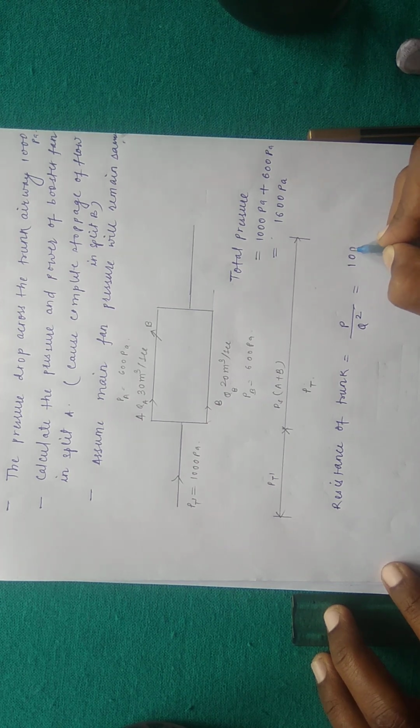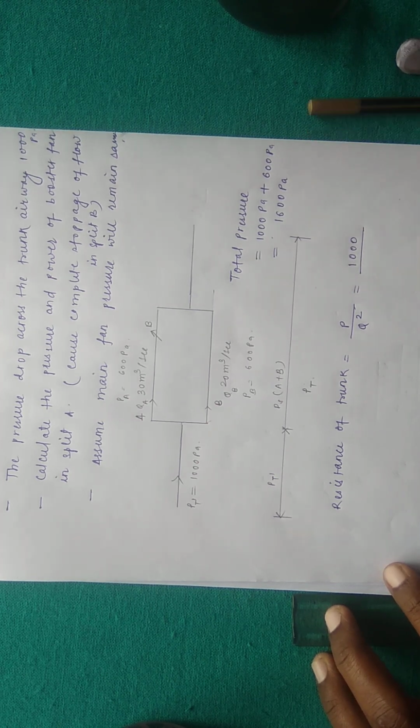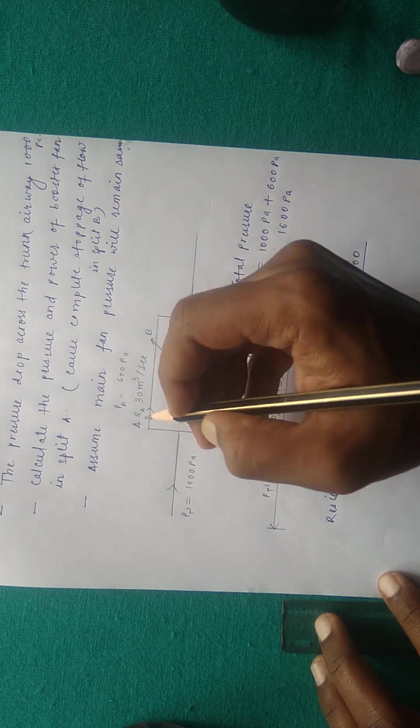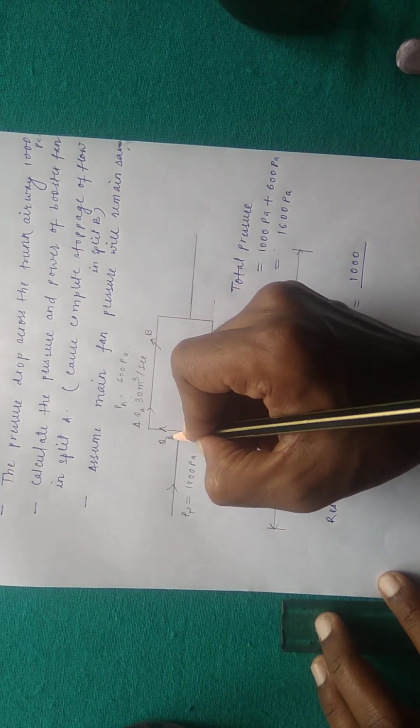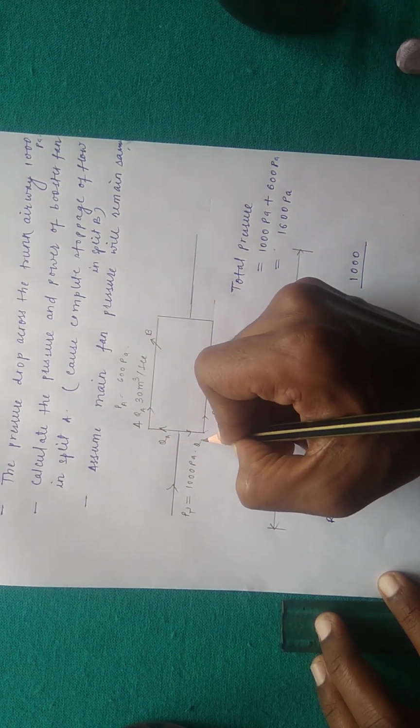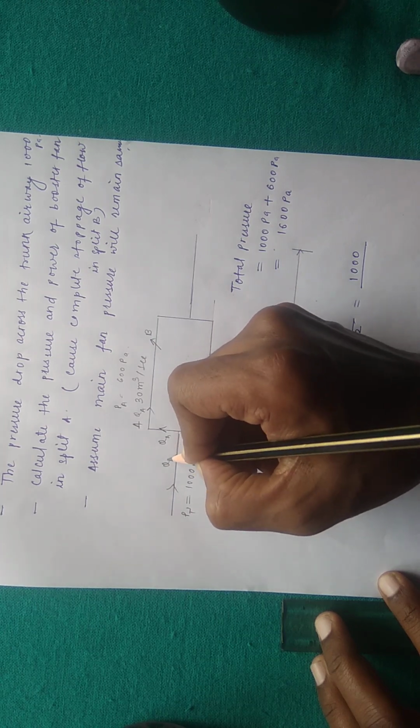Trunk pressure is how much? 1000 pascal, and the total quantity will be distributed as QA and QB through Q trunk.